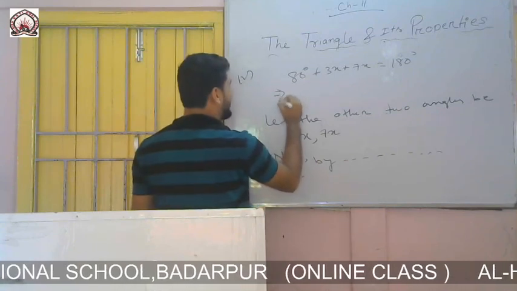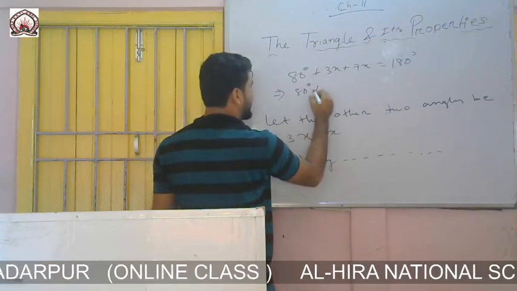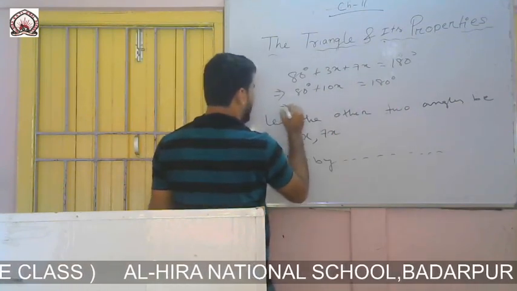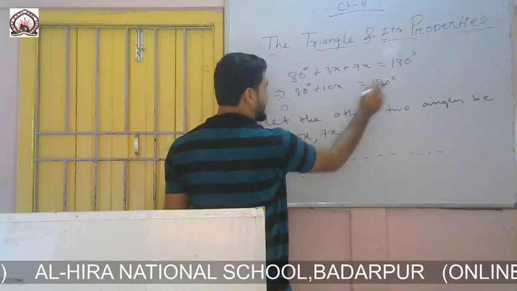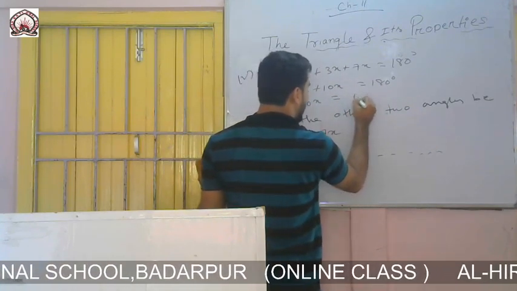So from there I can find x. Thrice x plus 7x, that means 10x. So 80 degree plus 10x equals 180 degree. Now if I subtract 80 degree from 180 degree, then I will get only 100 degree.